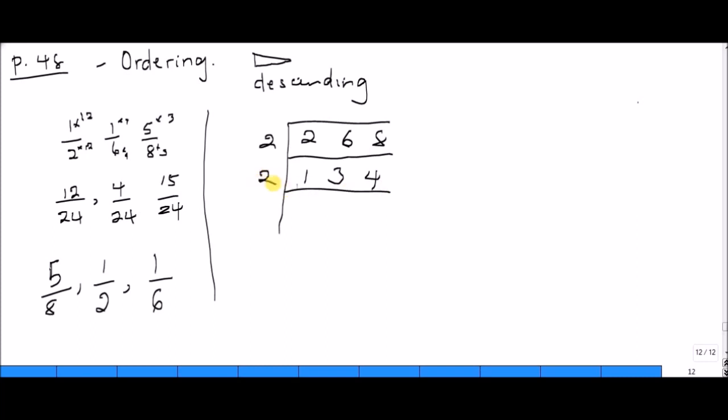We continue with 2 because 2 could go into 4. 2 can't go into 1 without leaving a remainder, so we write it back.